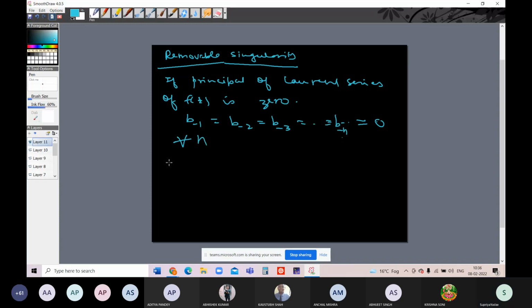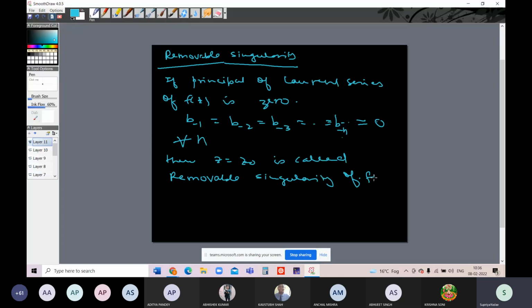Then z is equal to z naught is called a removable singularity of f(z).